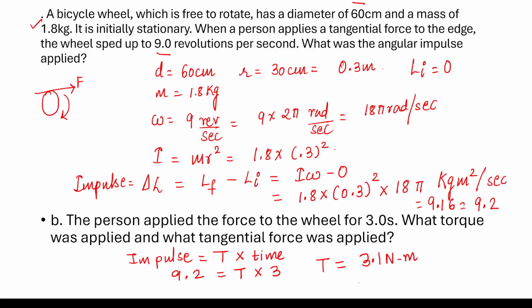Now once you've got the torque, going back to this diagram, how is the torque being produced by this force? Remember the perpendicular distances. Torque is equal to force times perpendicular distance. This is 3.1, F you have to find, and the radius is 0.3.